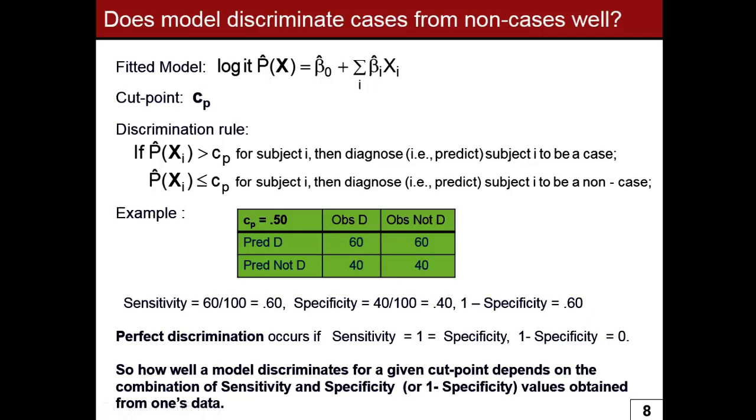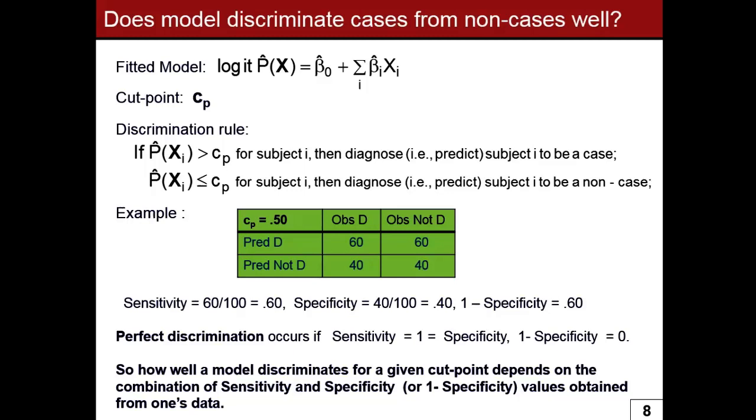So in this example, let's say the cut point is 0.5. Everyone that has a probability above 0.5, we're going to say, you're a case. You're going to get disease, you're going to die, or whatever it is. We're going to make this decision rule, and everyone the model says is above 0.5, we're just going to predict them to be a case. And for everyone below 0.5, we're going to predict them to be a non-case.